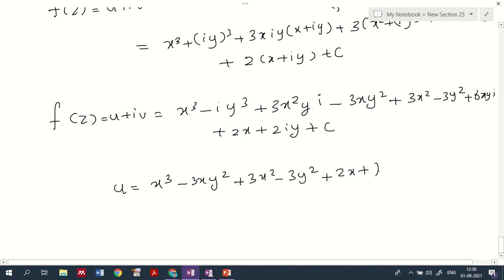Okay, that will be the u value, and v will be equal to what? If you compare the imaginary part, then you will be getting y cube minus y cube plus 3x square y plus 6xy plus 2y plus c will be there. Okay, so this is the imaginary part we are getting from here.